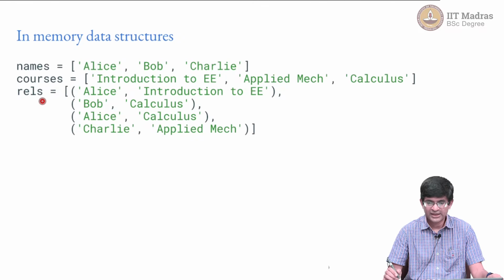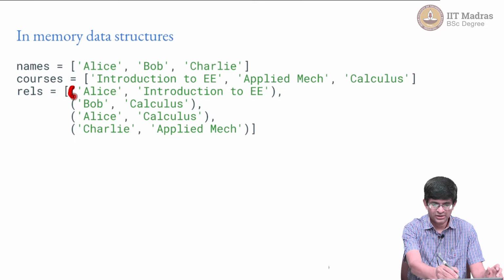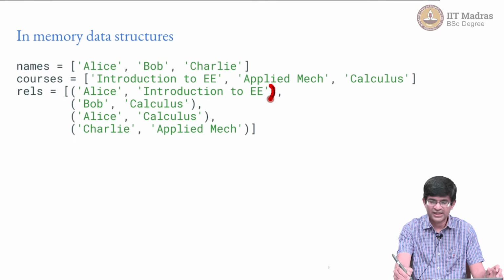And one possibility that I could use over here is to make use of Python's data type called a tuple. So a tuple is essentially an ordered set, in this case an ordered pair of elements. There are 2 elements, so it's encapsulated within the parenthesis.